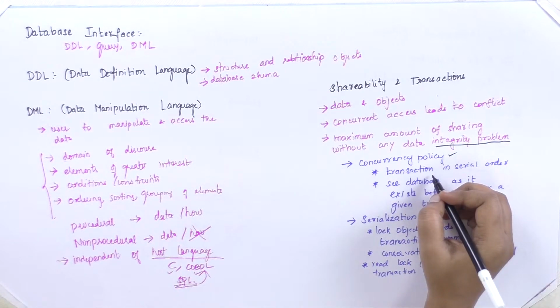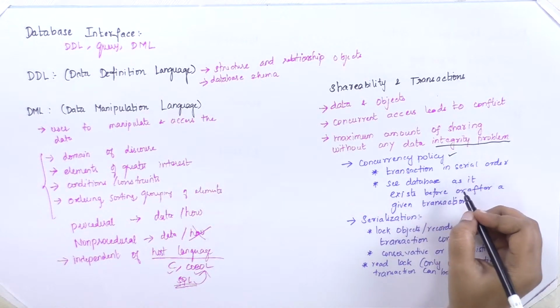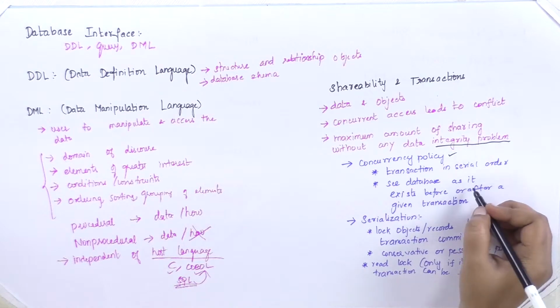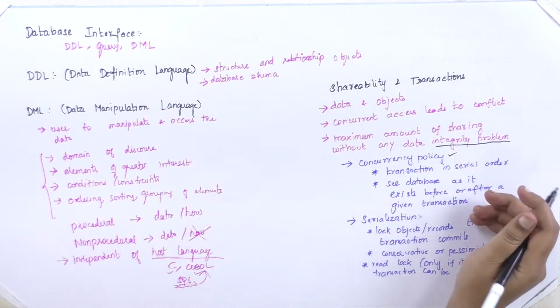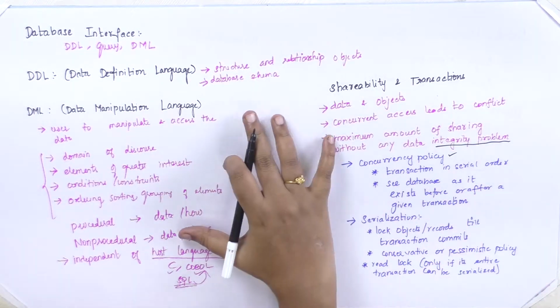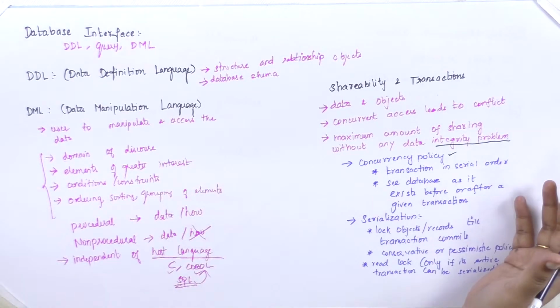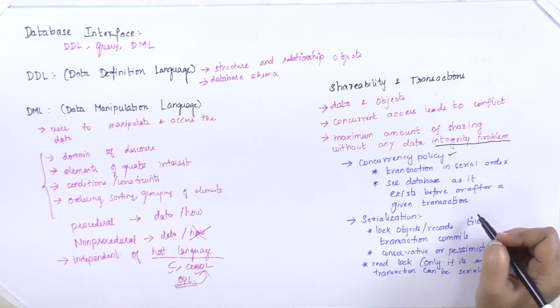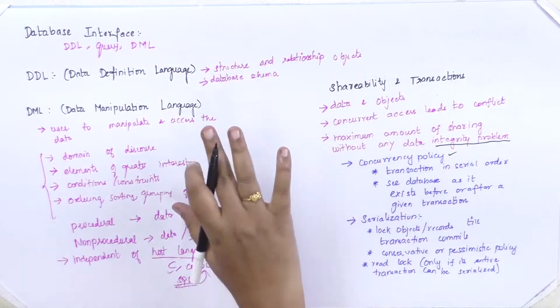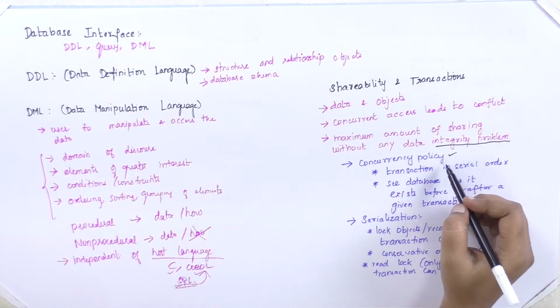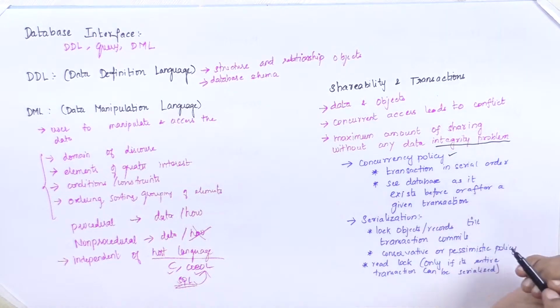A user should be able to see the database as it exists before or after a given transaction. So if you are going to write anything to the database, the user should be given the view of the database either before writing the data or after writing the data. That has to be the policy maintained in concurrency.